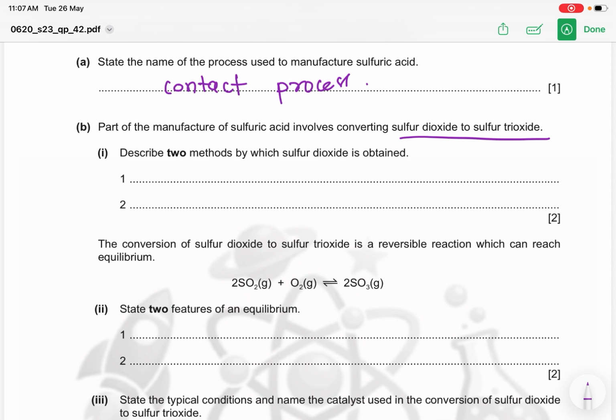So first is burning sulfur, or roasting sulfide ores.